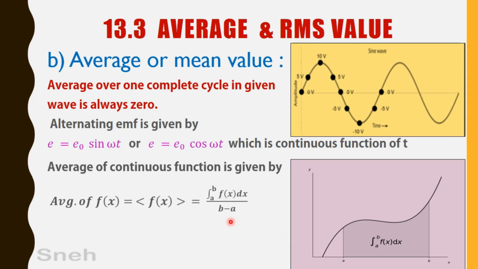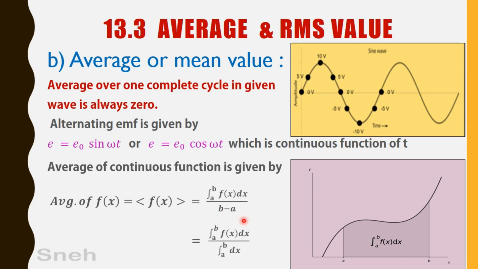More specifically, I say that this is given by integration of f of x dx from a to b, same divided by integration of dx from a to b. So lower limit is a and upper limit is b.